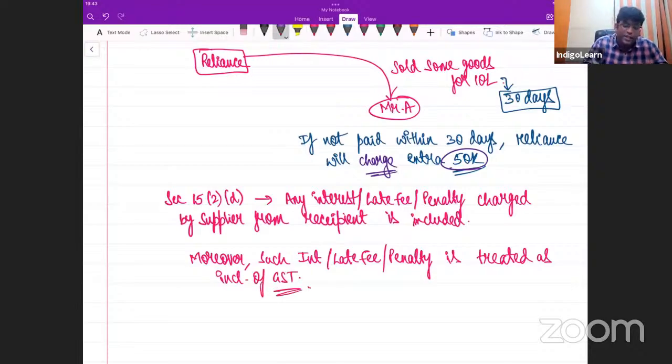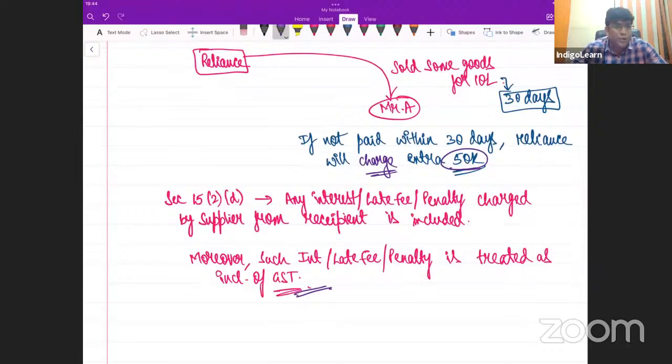How do we treat it, my dear friends? We will treat it as inclusive of GST. What will happen then? The value will be 100 plus 100 divided by 100 plus rate, and the GST will be rate divided by 100 plus rate. That's how we do it. No doubt about it. So generally, this interest, late fee, penalty, we always treat as including GST.